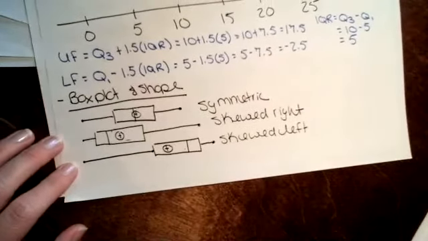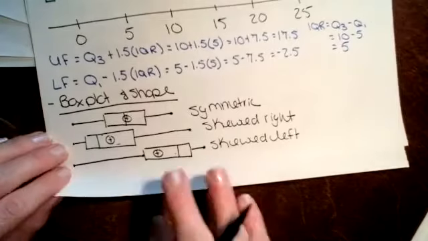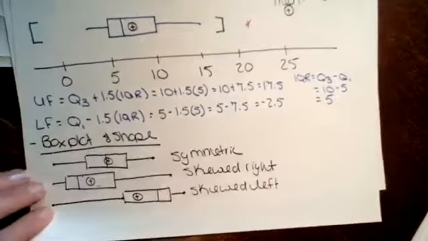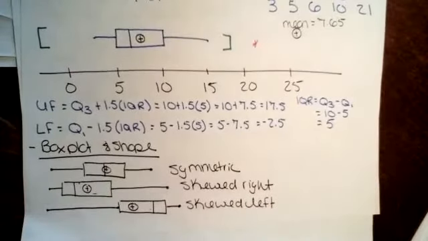Now, when we're looking at our data sets and we decide to draw some box plots, we might be asked to take two or three or multiple box plots and compare them. So if we want to do that, there are certain things that we want to look at for comparing these.